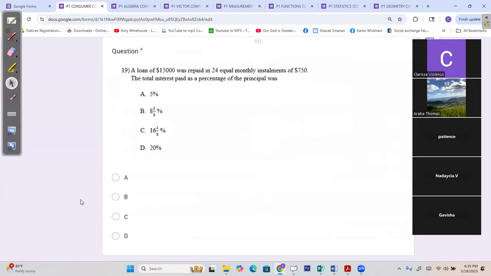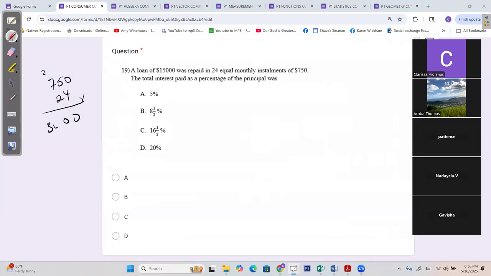A loan was paid back in 24 equal installments of 750, the total interest as a percent. We did this one with different numbers. So let's go. 24 times 750. 4 times 5 is 20. 7 times 4 is 28.